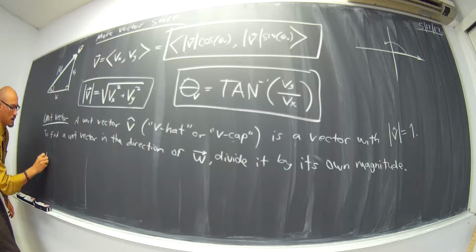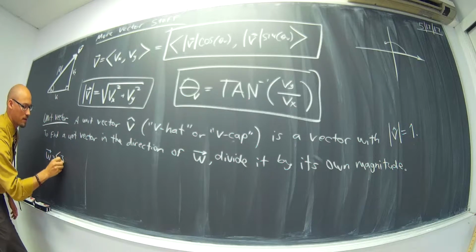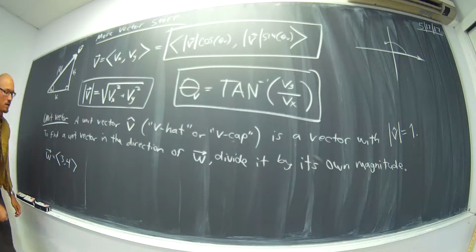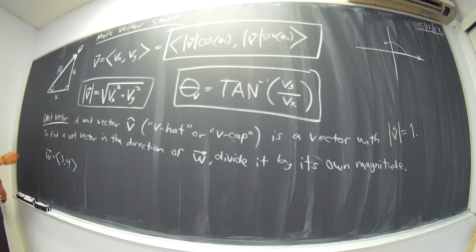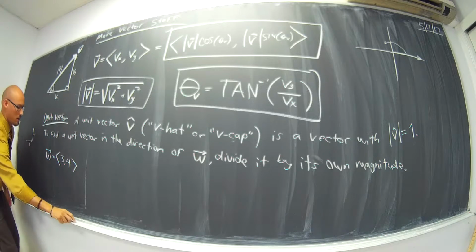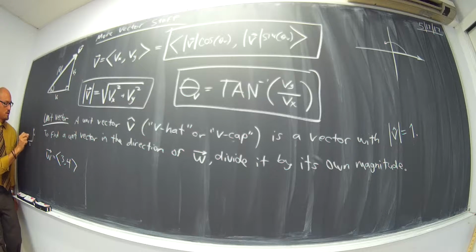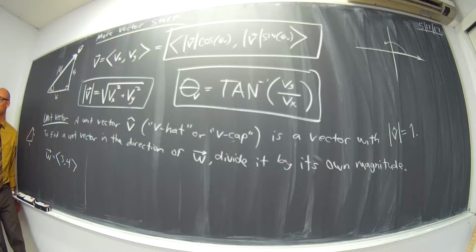So let's say w is some vector 3, 4. Those are the x and y components. So this is a 3 and this is a 4. What do you suppose the magnitude of that vector is? 5. Yeah, it's a 3, 4, 5. So the magnitude is 5.